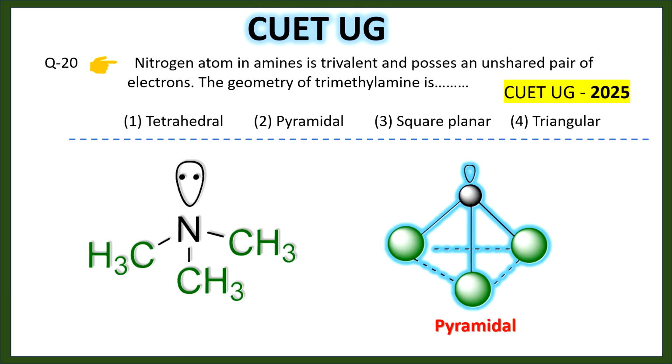Now question number 20: the nitrogen atom in amines is trivalent and possesses an unshared pair of electrons. The geometry of trimethylamine, this is similar to the previous question. Options are given, you have to find the geometry. So you could see that this is trimethylamine and it looks like pyramidal geometry. So the answer is option 2.